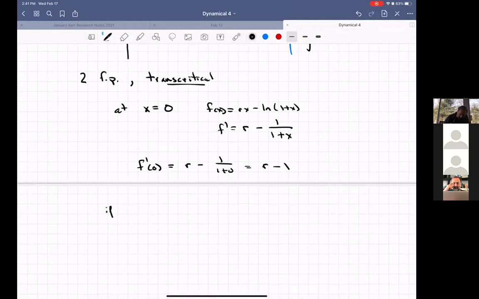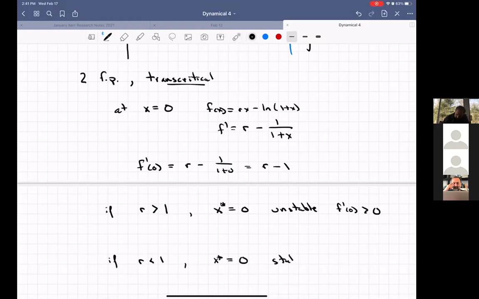So if r is more than 1, then the origin is unstable because f prime at 0 is positive. And if r is less than 1, the origin is a stable fixed point because f prime at 0 is less than 0.